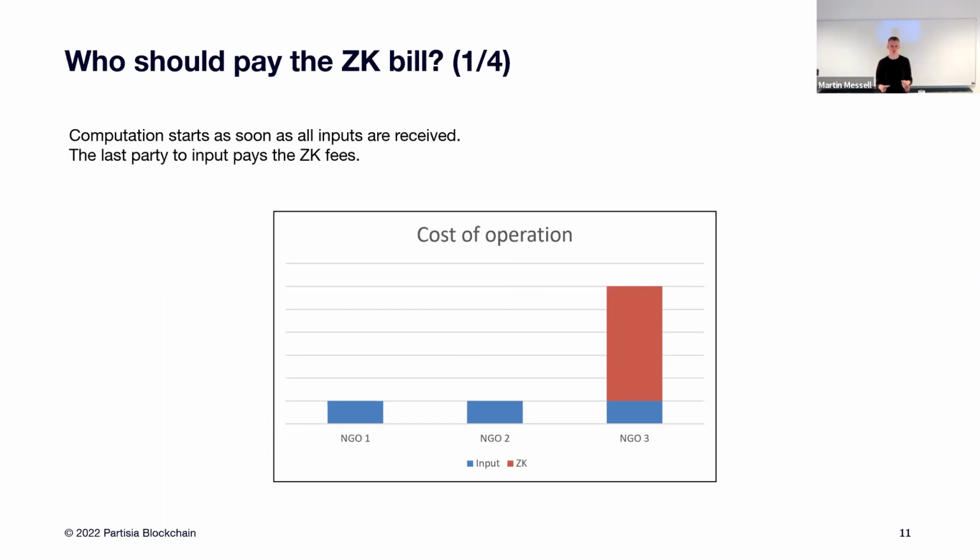So the most straightforward way of programming the contract would be to wait for all parties to have input, and as soon as the last party inputs, start the computation. But that means that the last party that inputs will pay all the fees for the zero knowledge computation. This is the simplest way of programming the contract, but it does not necessarily seem that fair.